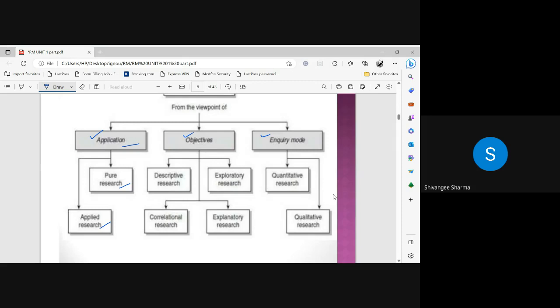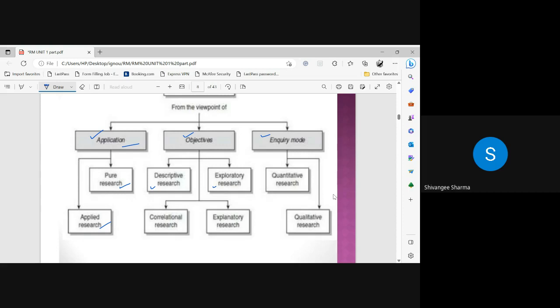Pure research is when you are basically identifying or searching for something new. Then on the basis of objectives, we have descriptive research and exploratory research. In descriptive research, we describe the characteristics of the problem which you have taken, and exploratory is related to your cause and effect analysis.